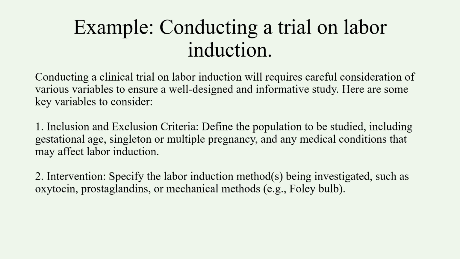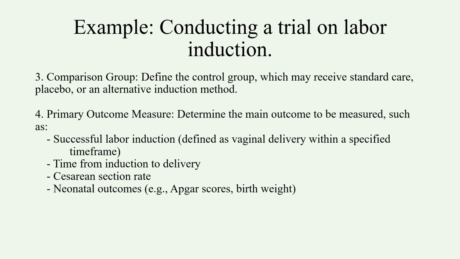The intervention will be documented, such as oxytocin, prostaglandin, a mechanical method, or maybe a combination of methods. There will be a comparison group to define the control group, which may receive standard care, placebo, or any alternative induction method.